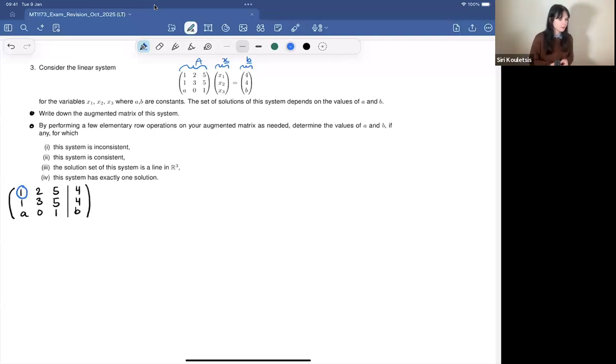Okay, so first thing is to create zeros below the first leading one.